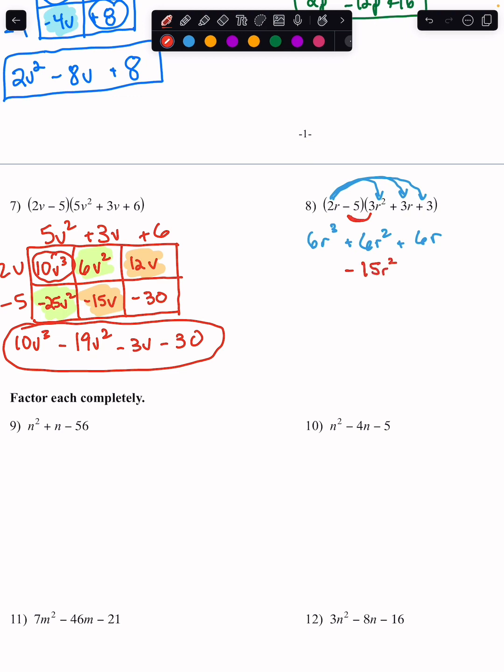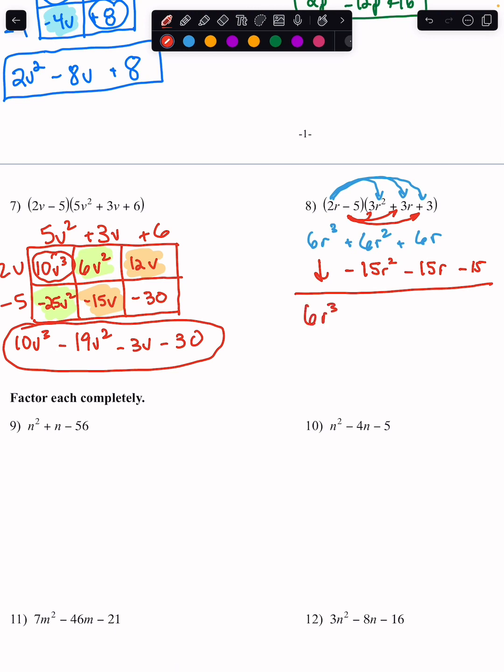And then negative 5 times 3r is going to be negative 15r. And then negative 5 times 3 is negative 15. Okay? This one's going to come straight down. 6r cubed.